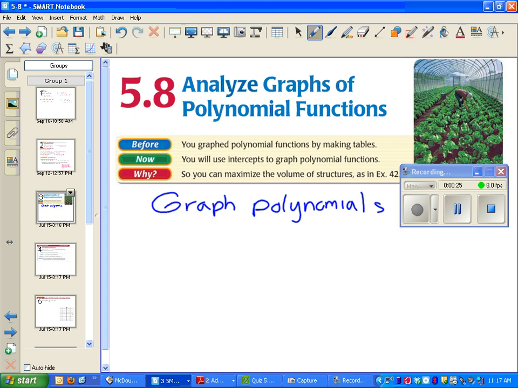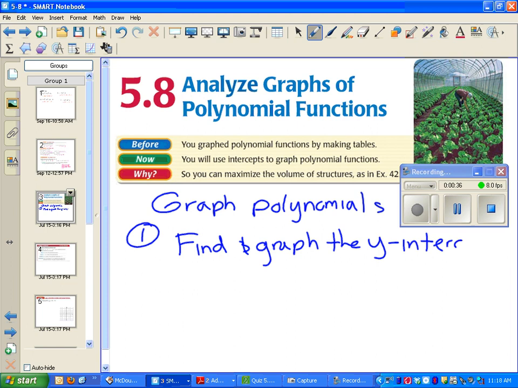To graph polynomials, the first thing we're going to do is find and graph the y-intercept. Again, y-intercept is on the y-axis, and that would be when we plug in 0 and find a number for y.